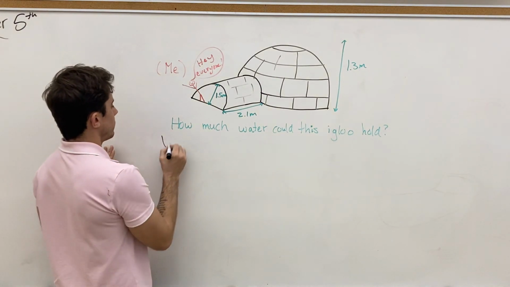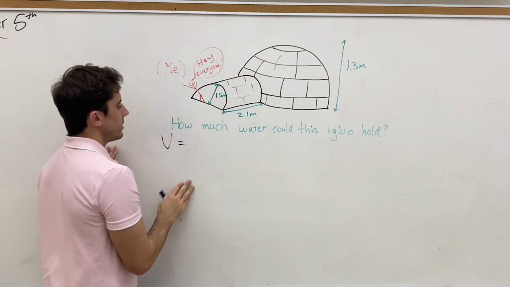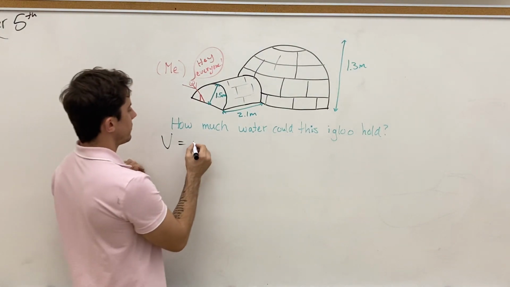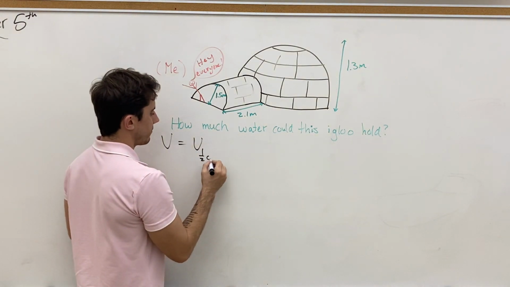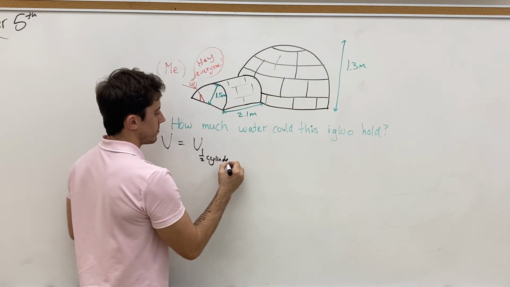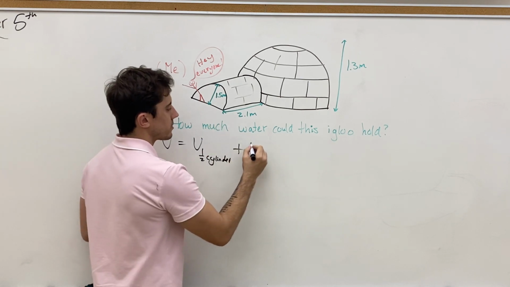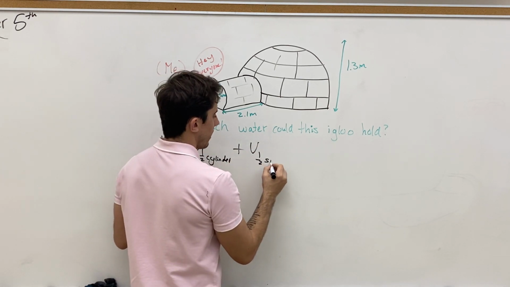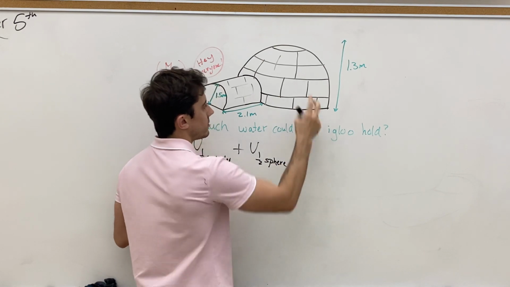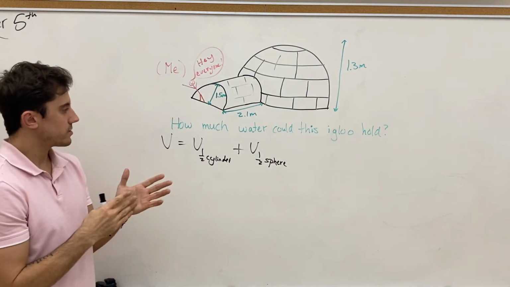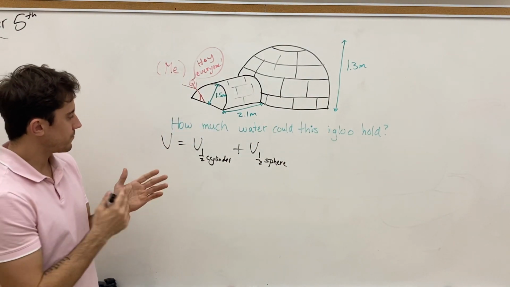We'll say the volume in total is composed of the volume of the half cylinder, being the entrance, plus the volume of the half sphere in the main part of the igloo. And so let's go ahead and calculate those bits.